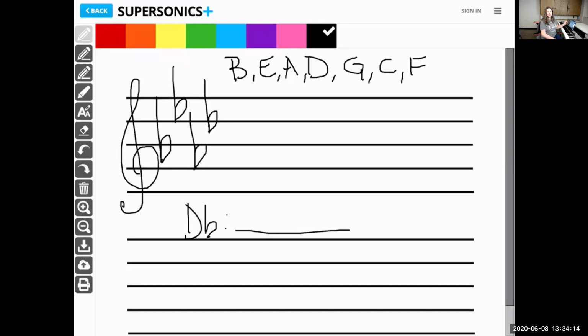Okay, so my next flat that I have to have in here is a G flat. All right, there's my key signature. Now the chord they give me on the test is an E flat, a G, and a B flat.